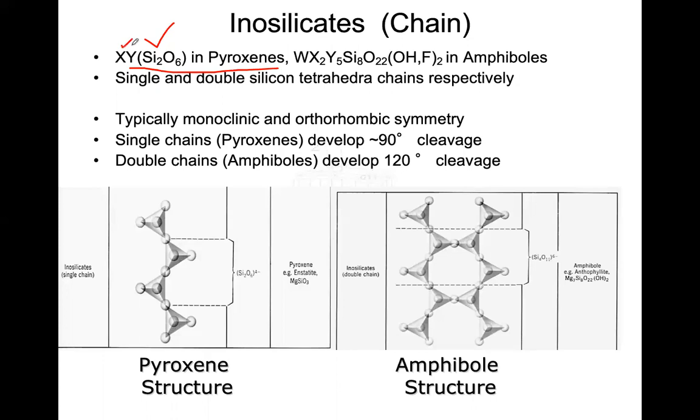Two metal ions are usually joined. More than that can be joined, but basically two metal ions are there. And double chains are called the amphibole group. Okay, they are called the amphibole group, and they have the Si8O22 structure. The chemistry, okay, the formula.